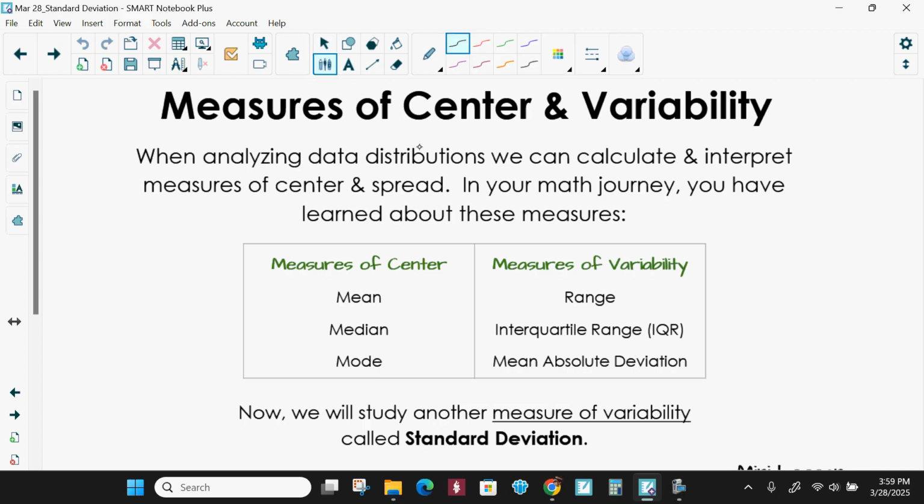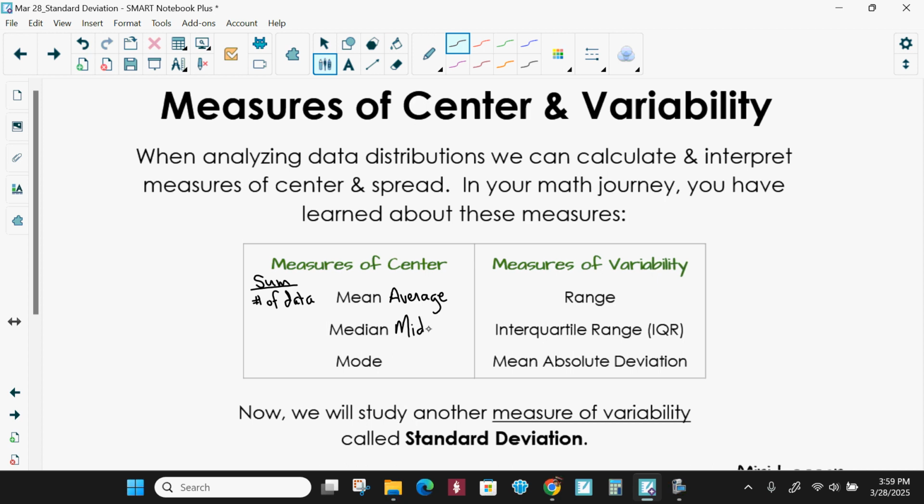So the mean, remember, is the average. And for the average, you take the sum of all the data and you divide by the number of data. Now your median is the middle number.